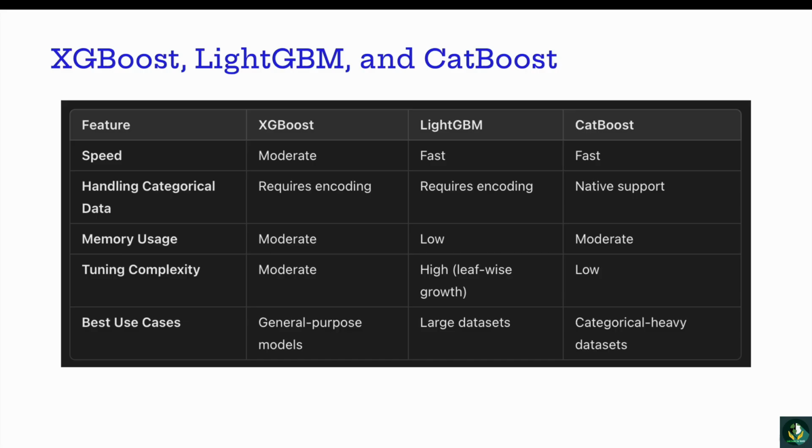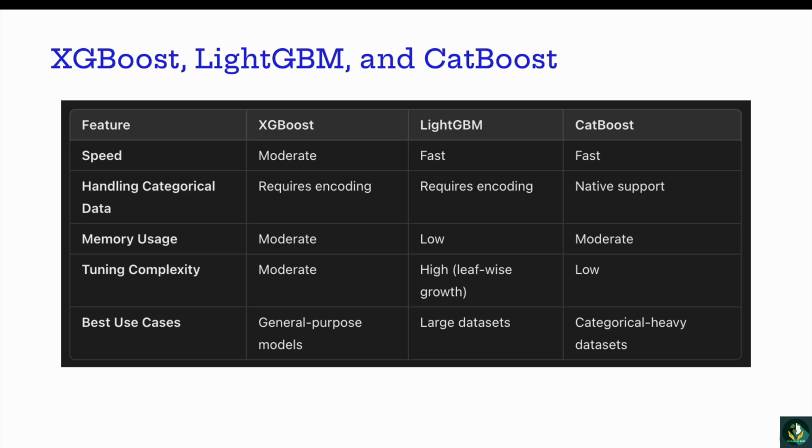For memory usage, XGBoost is moderate, CatBoost is moderate, LightGBM is low. For tuning complexity, XGBoost is moderate, LightGBM is high because it has leaf-wise growth, and CatBoost is low. And the best use cases for XGBoost are general purpose models, LightGBM is large datasets, and CatBoost is categorically heavy datasets.